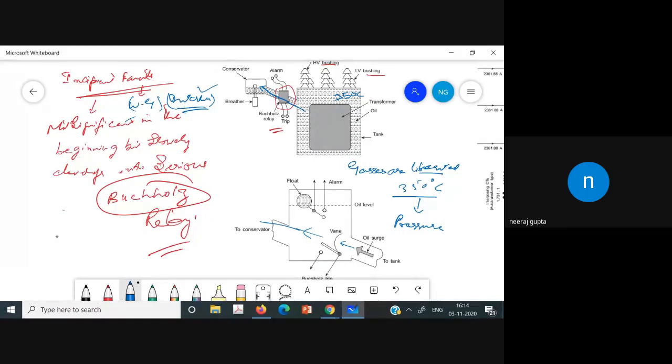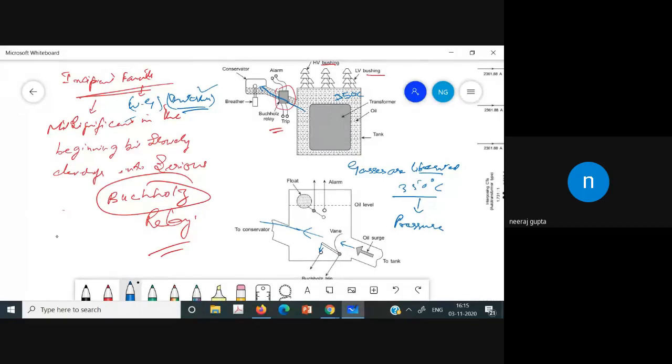There is a set of contacts which are operated by this vane. If the oil pressure is very high, then this vane will move and it will short here. These contacts are used to trip the contact of this Buchholz relay.